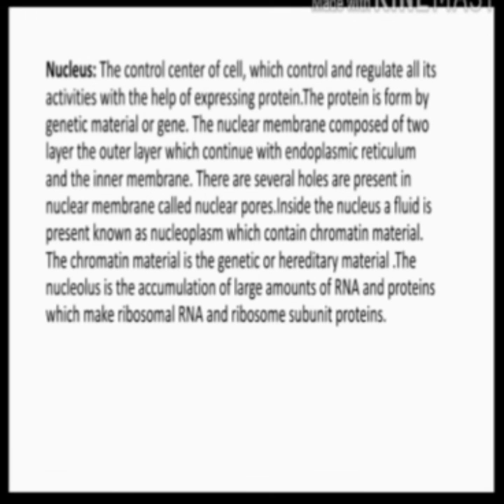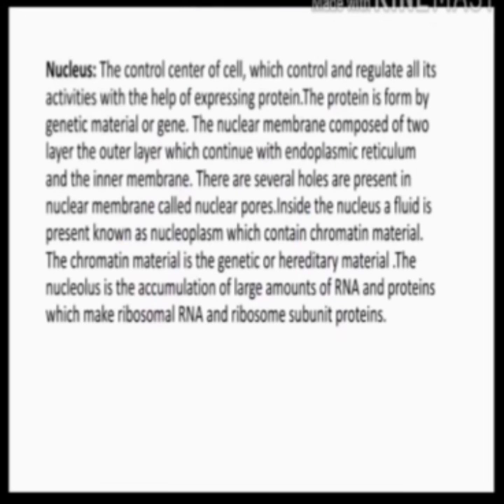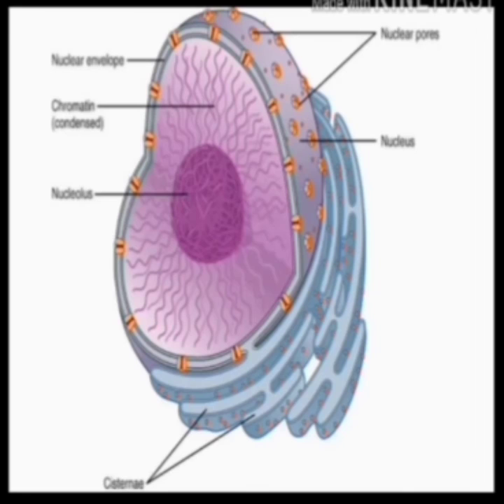In the nuclear membrane, we see here there are a lot of penetrations or holes present. Inside the nucleus, a fluid is present which contains the chromatin material, the genetic or hereditary material. This is the chromatin which is arranged randomly.